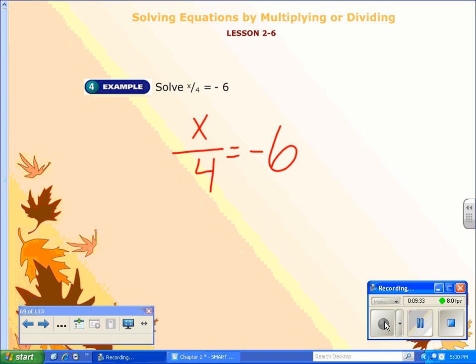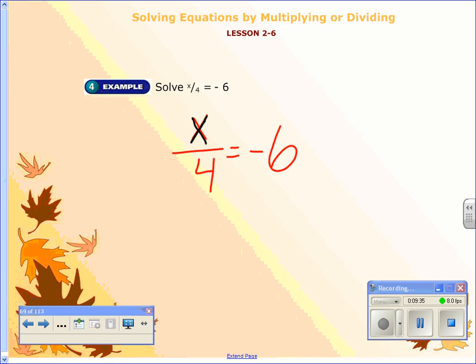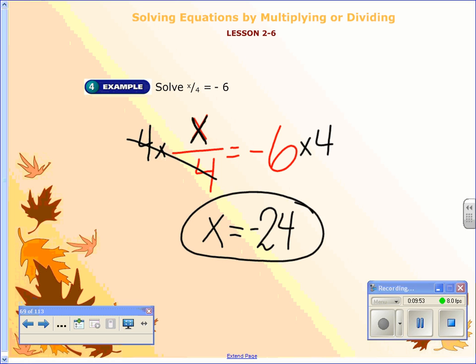All right, so if we were to do this, my variable here is x, and they're dividing by 4. Well, instead of dividing by 4, to get rid of it, I need to times by 4. So if I times each side by 4, I get x is equal to, well, 6 times 4 is 24. But a negative times a positive is a negative 24.